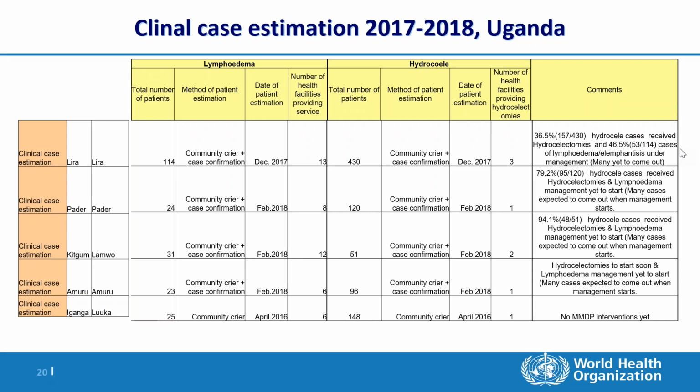Then this second part is on the lymphedema and hydrocele. As you see in the first arrow, it's the first IU where they collected data in Lira. So the total number of patients and the method of patient estimation.